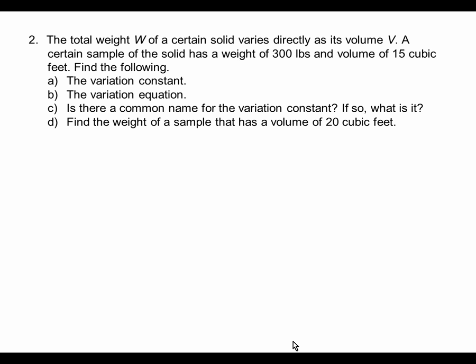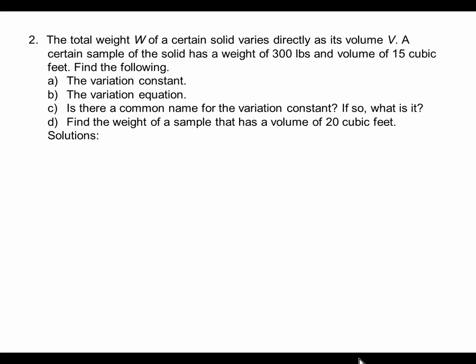Part C, is there a common name for the variation constant? If so, what is it? In part D, find the weight of a sample that has a volume of 20 cubic feet. And of course, A and B are related. You cannot get the variation equation without the variation constant.